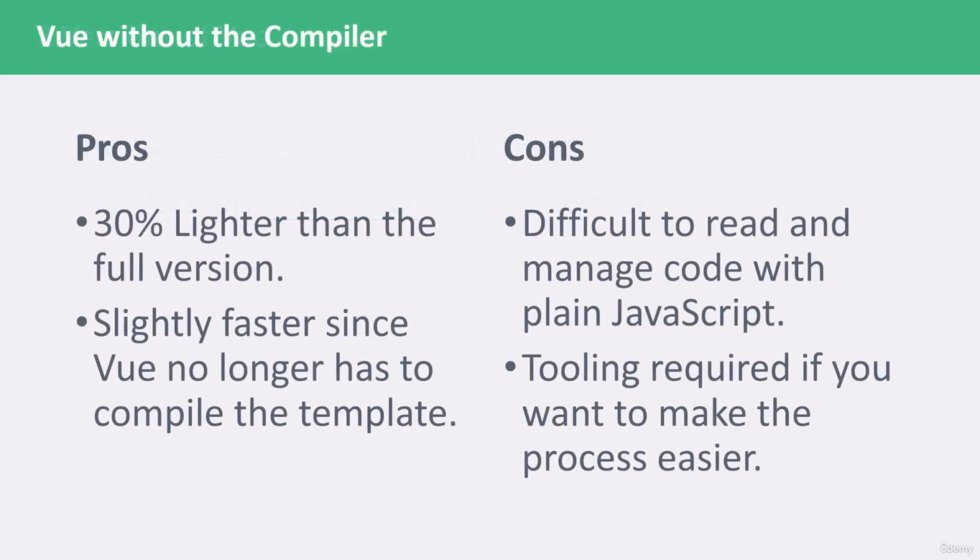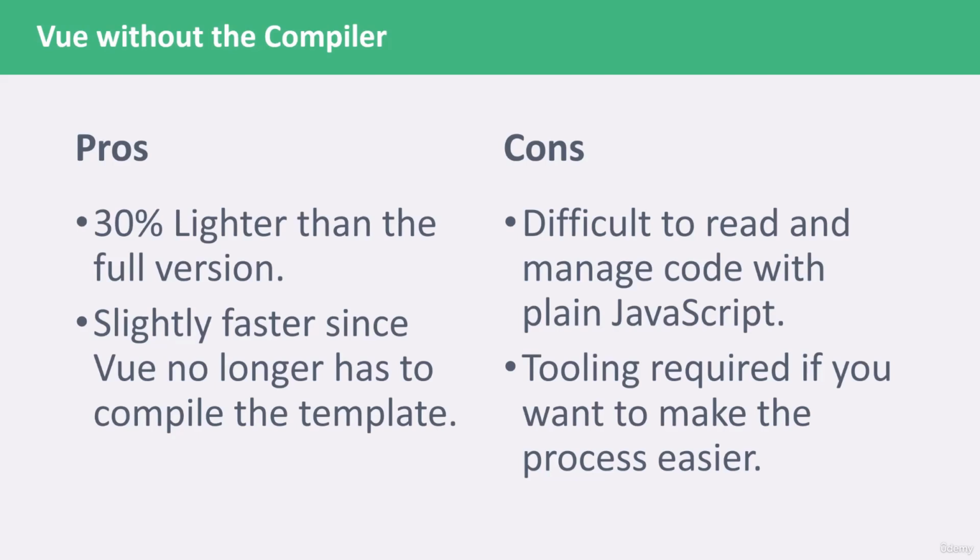However, we do have the choice of using Vue without the compiler. The main advantage of using Vue without the compiler is the size reduction of the file. By removing it, Vue will be reduced to about 30% of its original size. This reduction will, in turn, increase loading times. Vue is also much faster since it doesn't have to worry about compiling your templates.